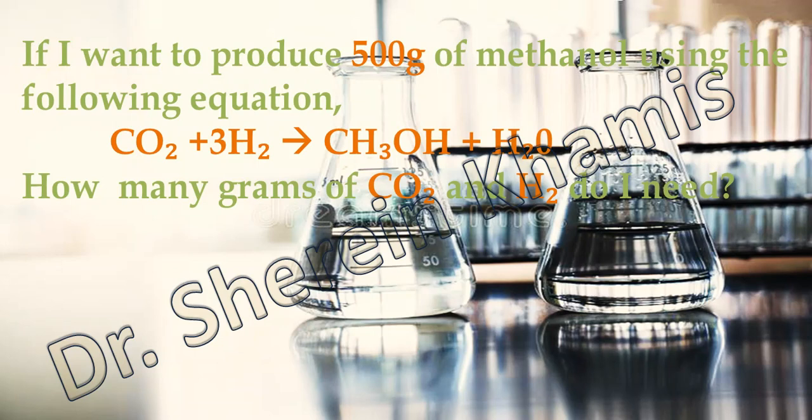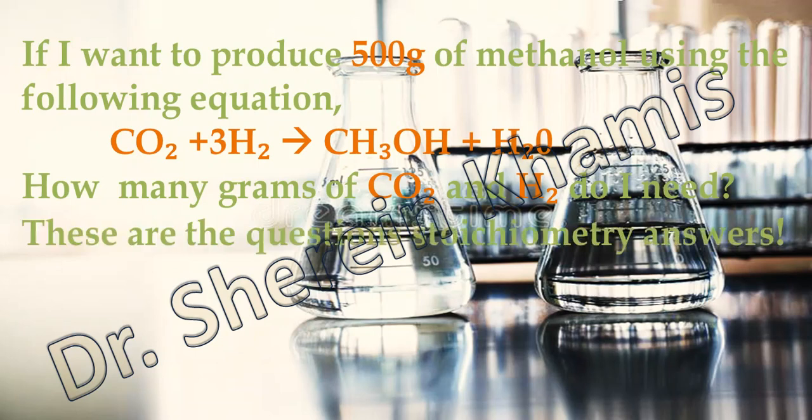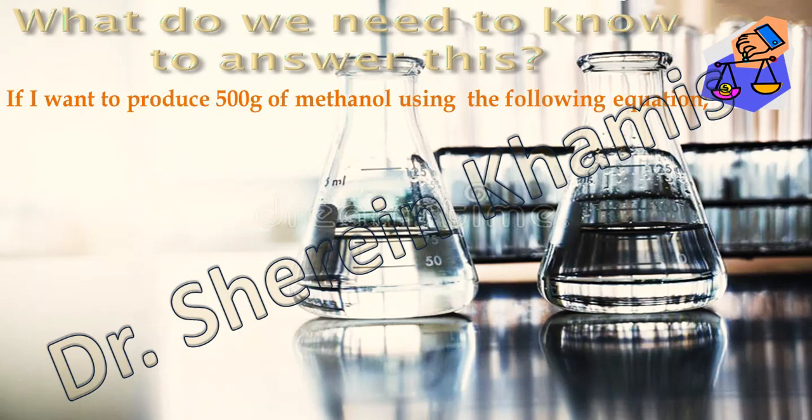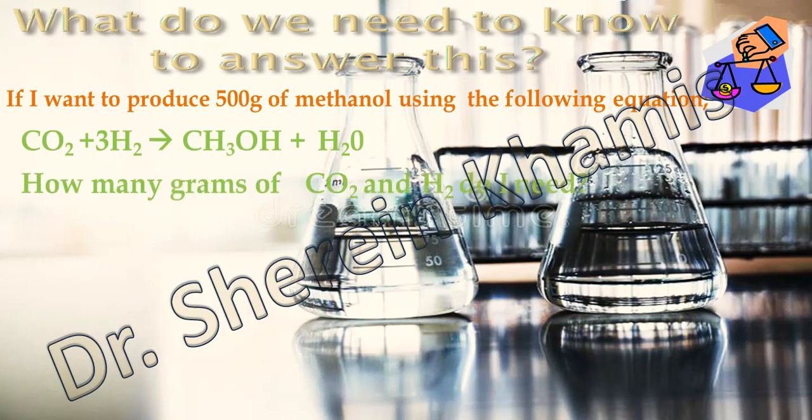There are many questions that stoichiometry can answer. The first one: what do we need to know to answer this question? If we want to produce 500 grams of methanol using the following equation, how many grams of carbon dioxide and how many grams of hydrogen do we need?